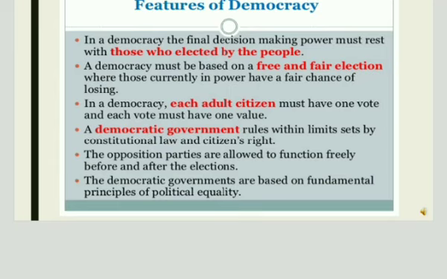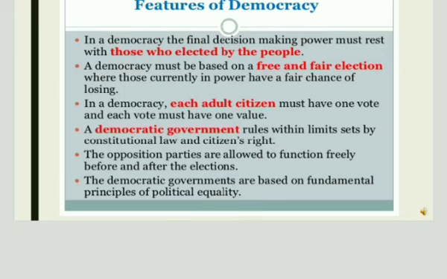In a democracy, people elect their own representatives. There are free and fair elections. It's universal adult franchise, where all citizens who are adults, aged 18, can vote, and each vote is a very important value. A democratic government also has some limits that are set by the constitution.